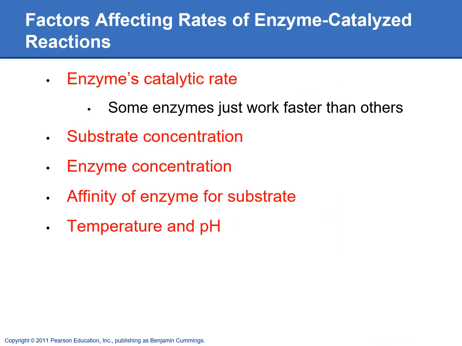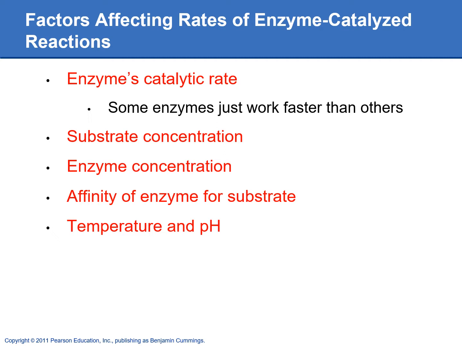So there's a couple of factors that will affect the rate of enzyme-catalyzed reactions. So there's just how fast the enzyme catalyzes their reaction. So some enzymes just work faster than others. So that's just a property of the enzyme itself. There's the substrate and enzyme concentration.